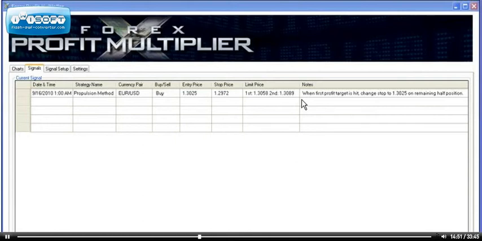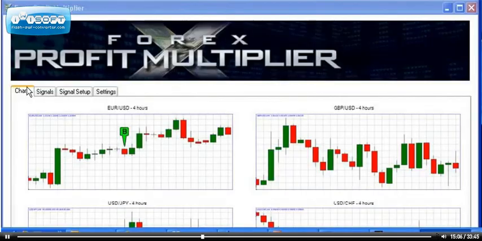That's not the right way to trade. So when you combine the two, the understanding of the methods with this trade alert software, I think you've got an unbeatable combination. Okay, let's bring up the charts page again and look at a couple more of these examples.